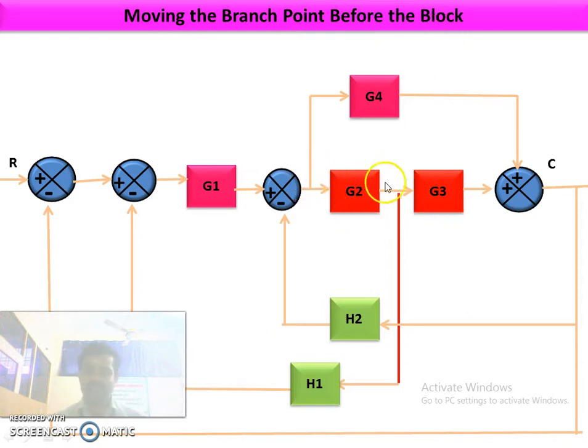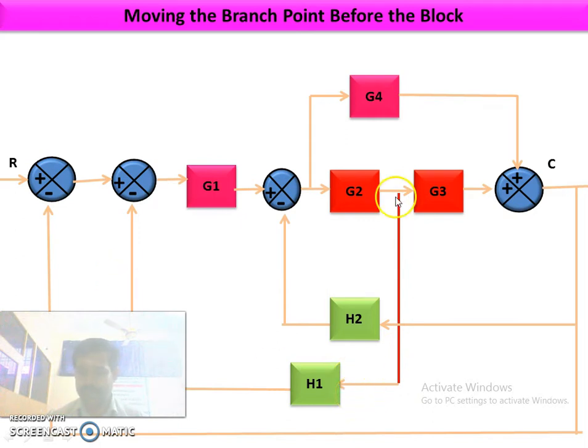Please listen. When you are taking the branch point at this point, we will be getting G2 here, and that G2 will be multiplied by H1. But when you are moving this branch point before this block, the G2 will not be coming. So you have to add one additional block G2 to this feedback loop.